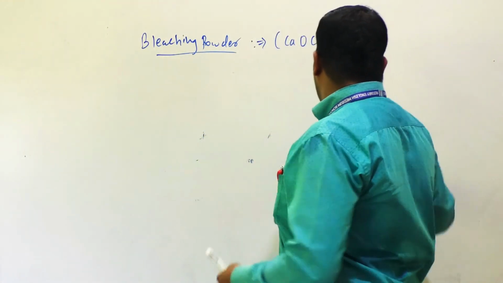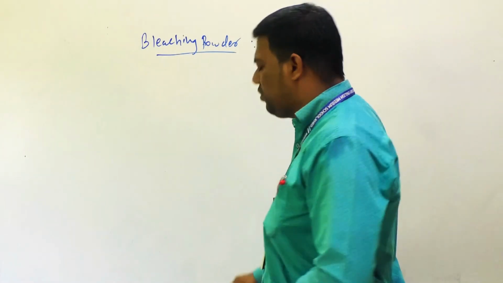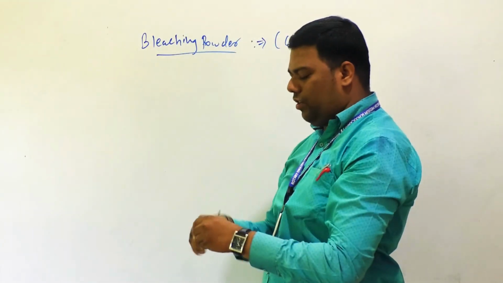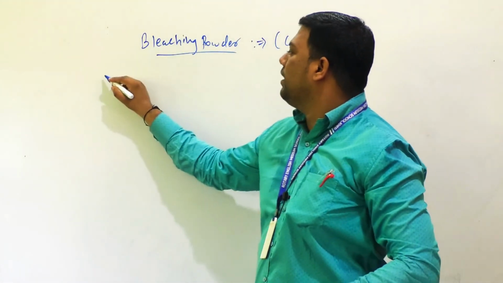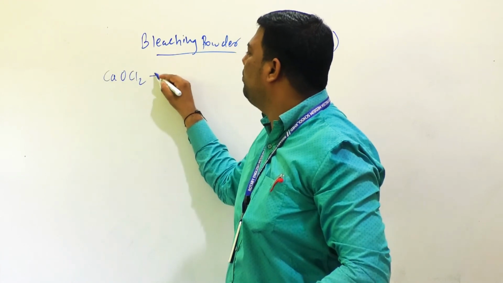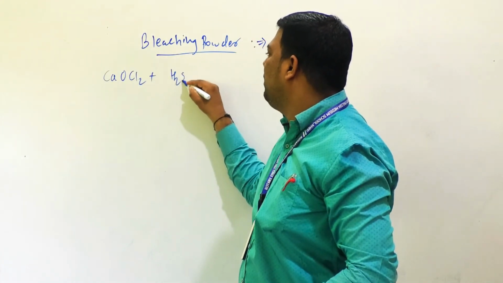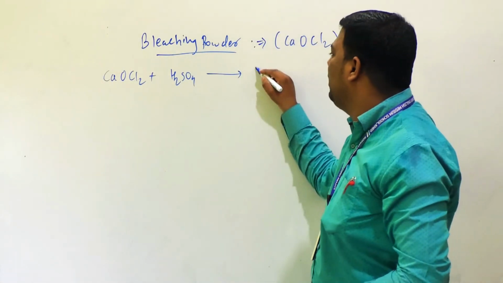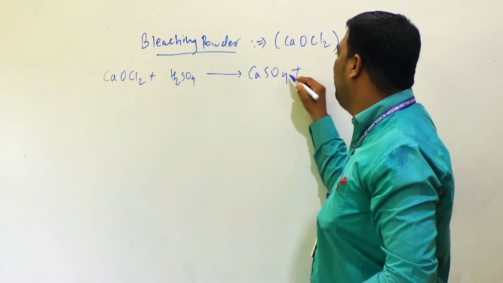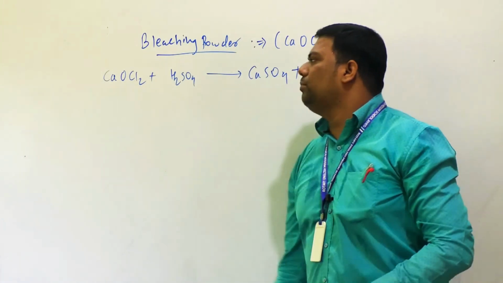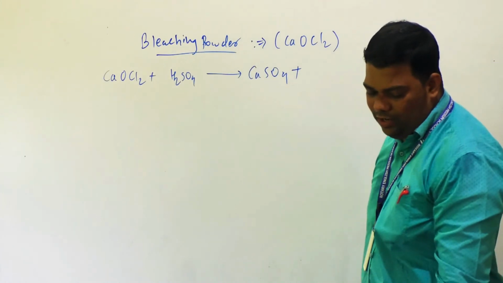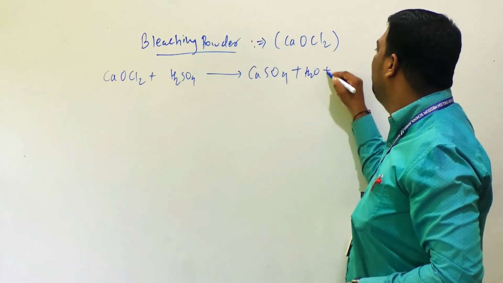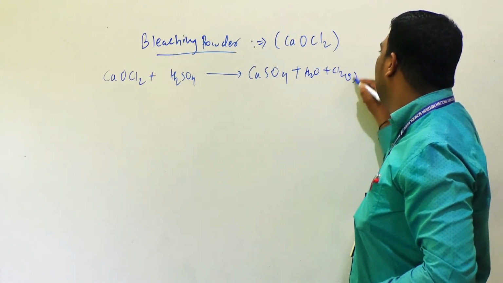Say here, bleaching powder CaOCl2 plus, suppose we take dilute H2SO4, obviously you will get CaSO4, calcium sulfate, and again which gas will evolve? Yes, Cl2 gas, along with H2O.